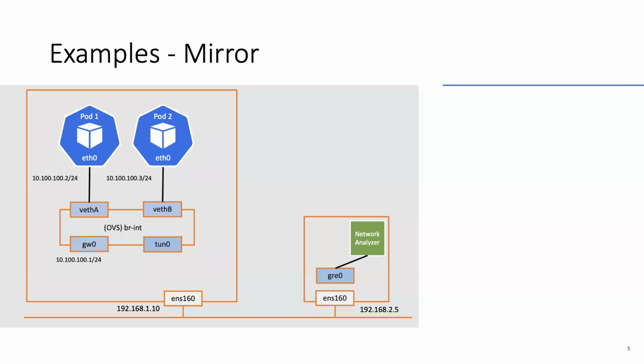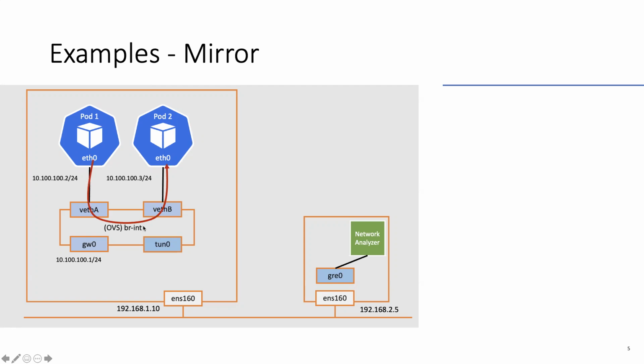And then I have two examples of how the resource should be configured and what impact it will have for port traffic. For example, we have two ports.